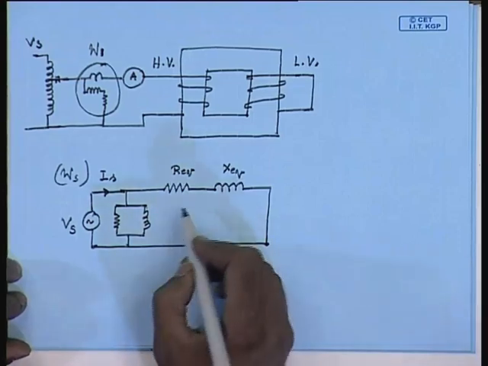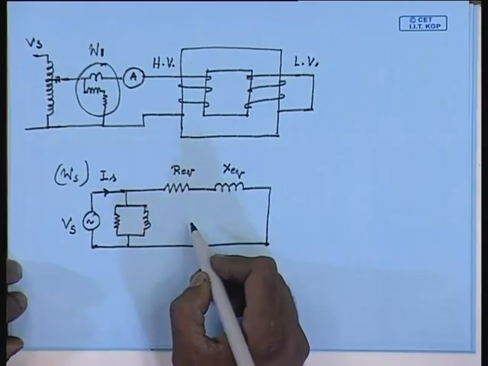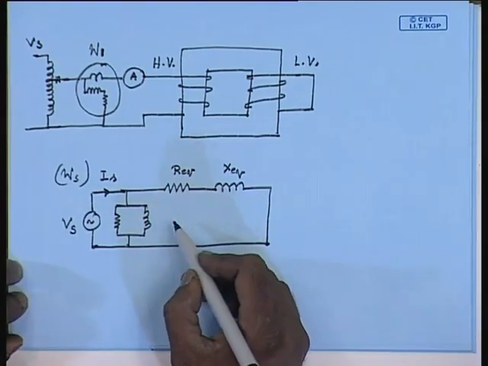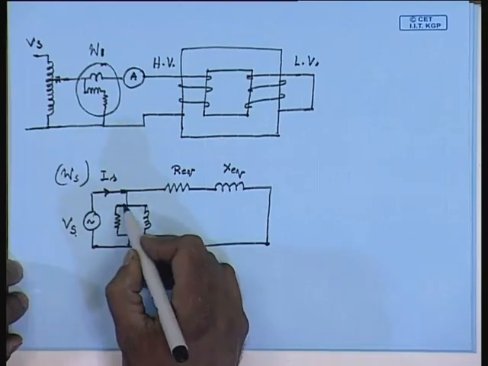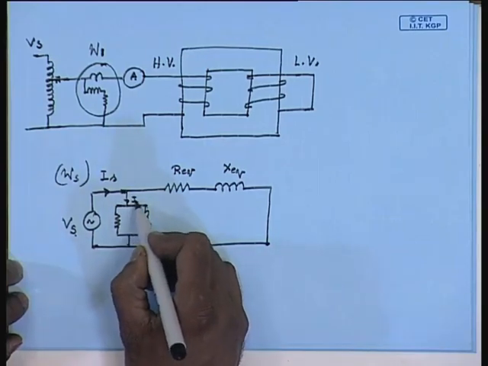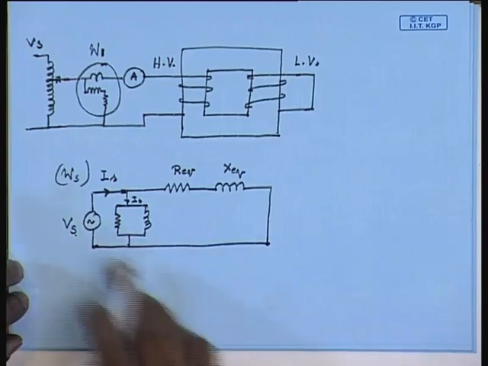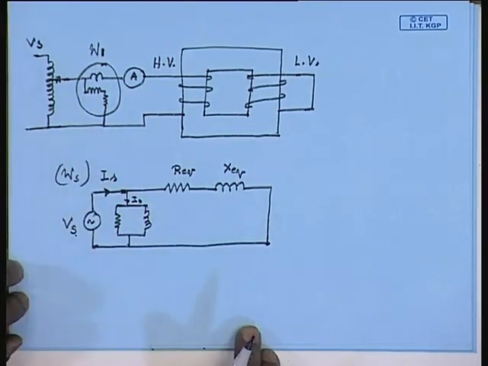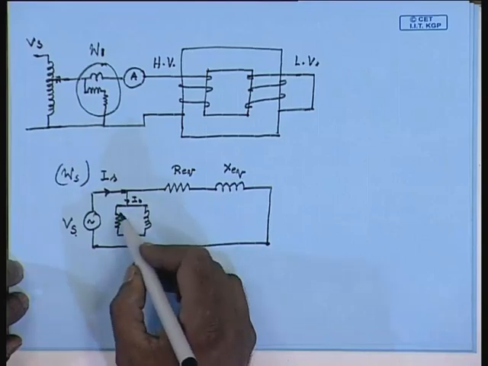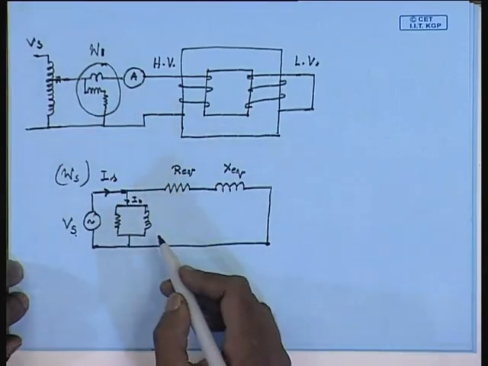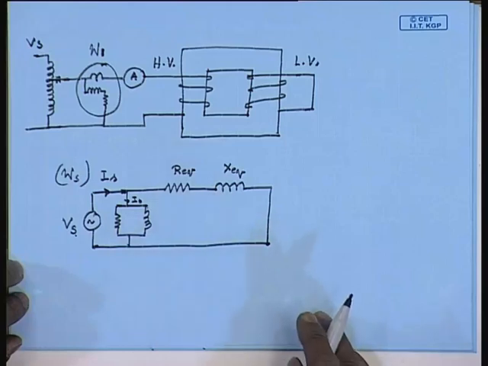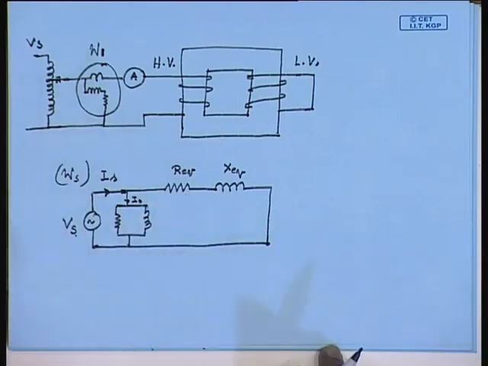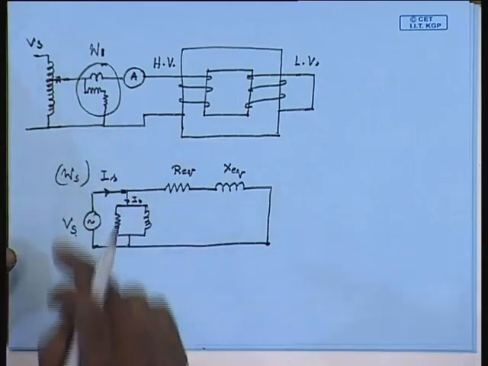Now, even when Vs is at its rated value, we have seen the no load current I0 is 5 to 7% of the rated current, that is, if I0 is connected to the HV side, then even if we apply rated voltage, I0 is only 5 to 7% of Is.